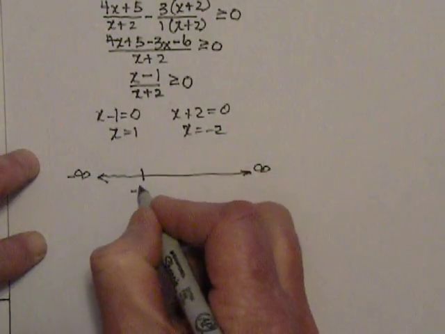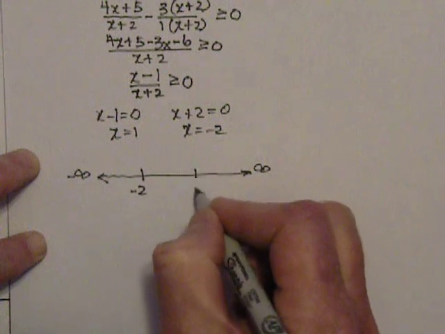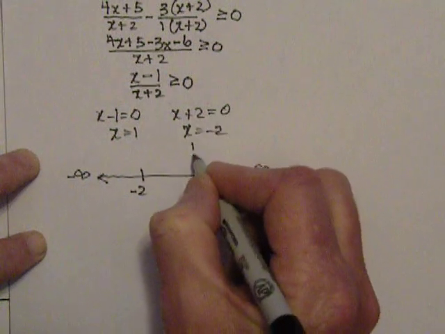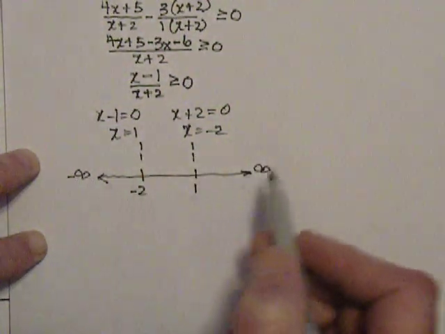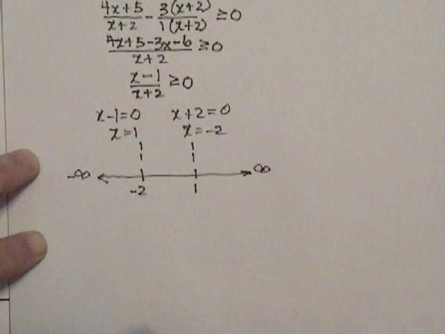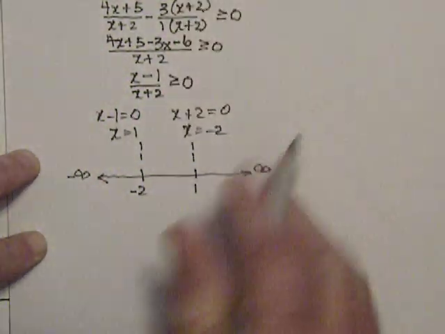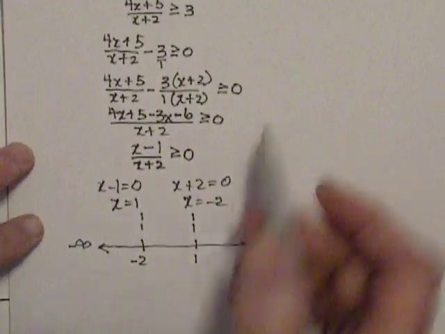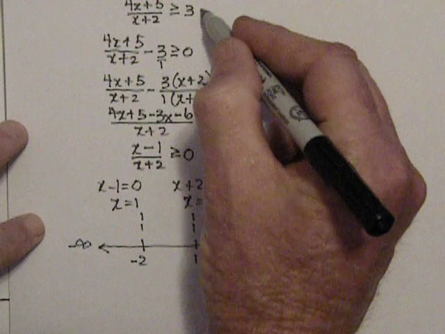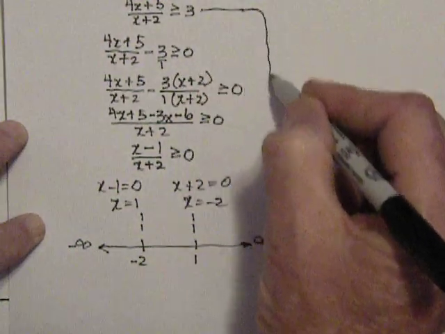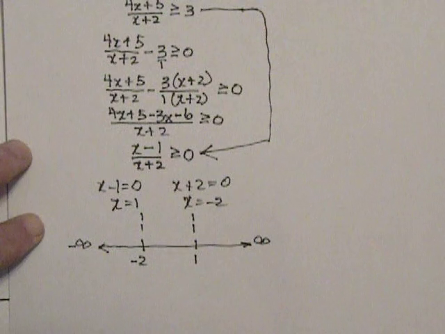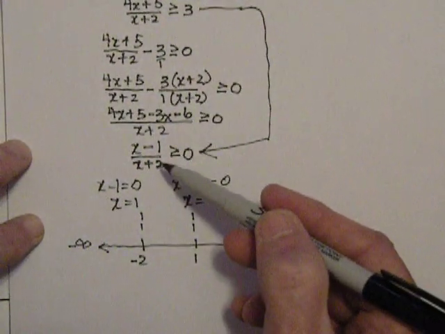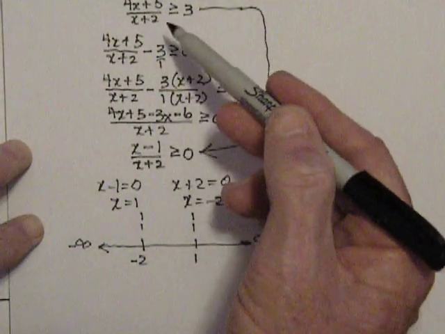Negative 2 and 1. And I'm building a fence again to show that I'm partitioning the x-axis into these three pieces. As we know before now, the top inequality that we had, this one, is actually equivalent to this inequality. So, by solving this one, I'm also solving that one.